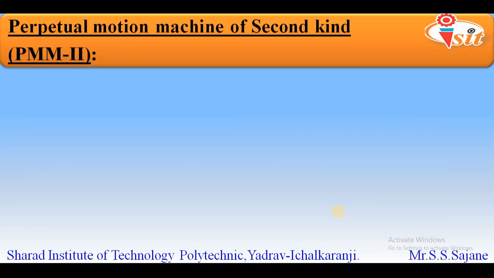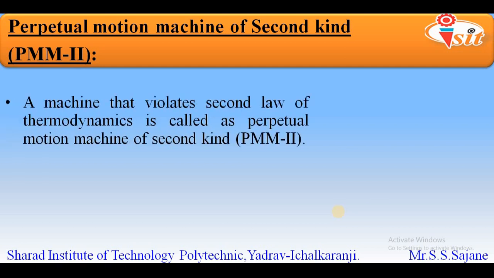We will now see the concept of PMM2, that is nothing but perpetual motion machine of the second kind. It is almost similar to what we have studied earlier regarding PMM1. PMM2 is the perpetual motion machine of the second kind, which violates the second law of thermodynamics.